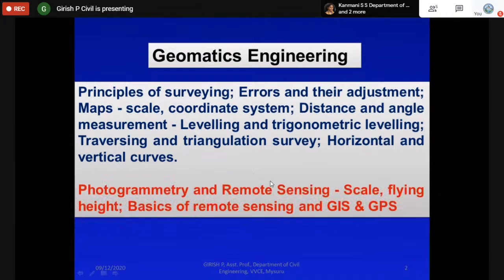So today, I am more focused on photogrammetry and remote sensing, focusing mainly on the scale and the flying height of the aerial photographs, and also the basics of remote sensing, GIS, and a part of GPS.